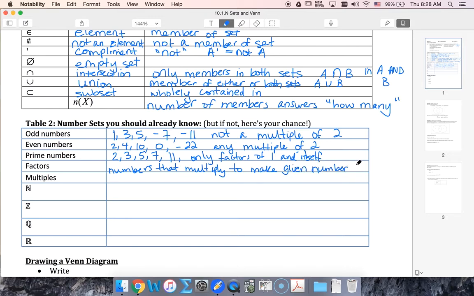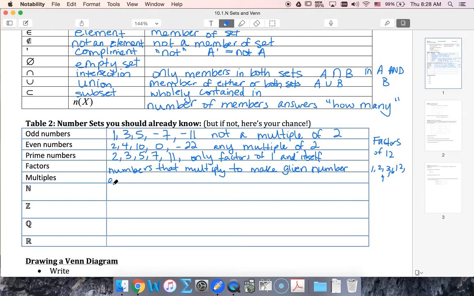So for example, the factors of 12 are 1 and 12, 2 and 6, and then 3 and 4. I always want to start with 1, then 2, then 3, and keep going up until I start repeating myself. So all of these numbers I can multiply by another number to make 12.